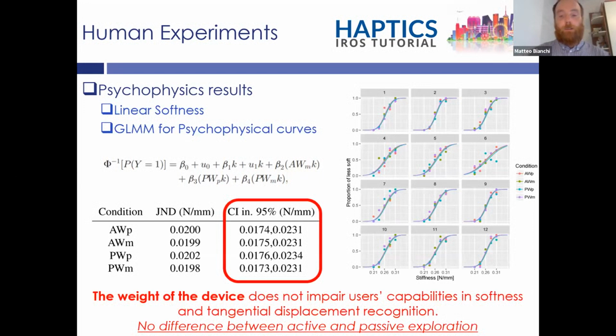And you can see here that the confidence intervals for the JND estimation in the four conditions were largely overlapped with each other. So we can conclude that the weight of the device does not impair the user's capabilities in softness recognition, and there is no difference between active and passive exploration.